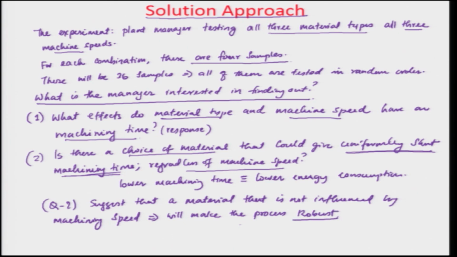Robust means whatever be the speed of the machine, it does not matter because it will not influence the time taken to produce it. Okay. So, this is also what we studied earlier, that is robust process design. So, the manager wants to choose a robust material, so that the machine speed is not affecting the machining time. Okay. It's a hypothetical case.